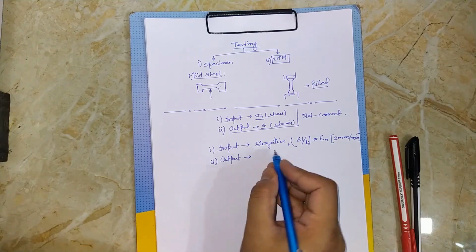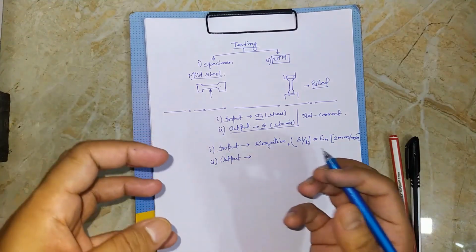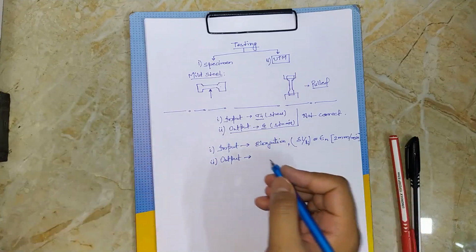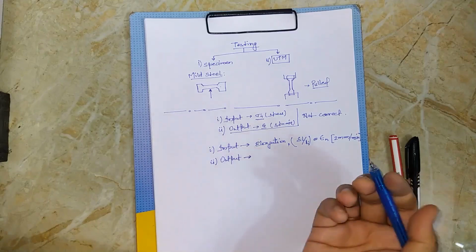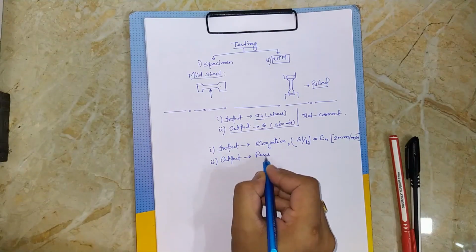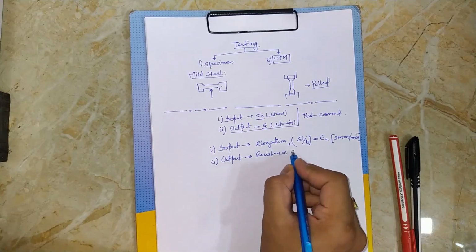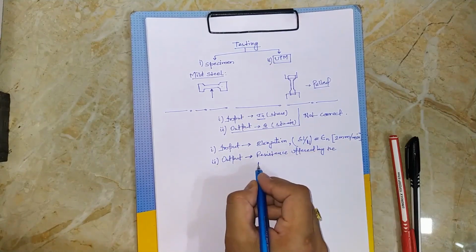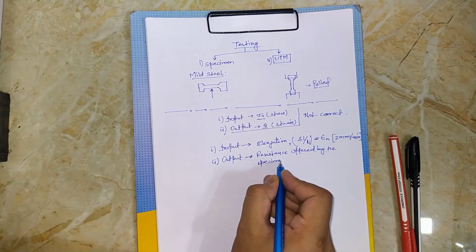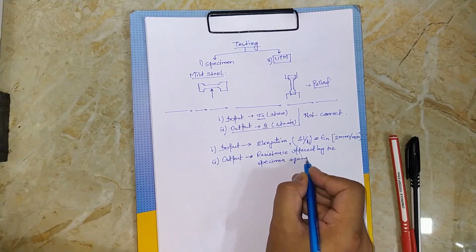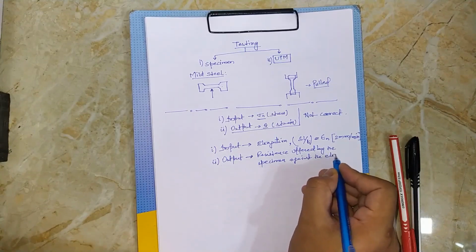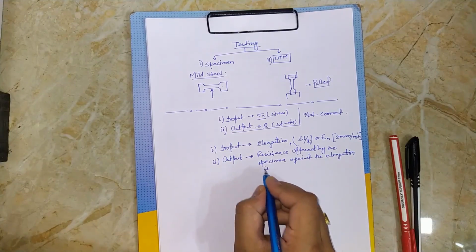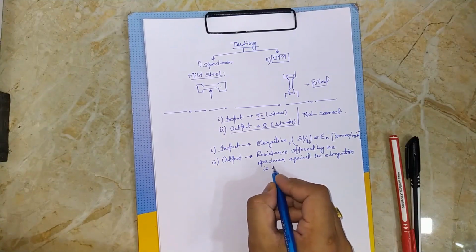Now what is the output? Against the elongation, that is against the pulling given to the specimen, the material tries to resist this elongation, and the resistance offered by the specimen against the elongation is the output.